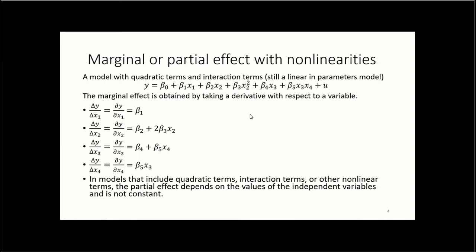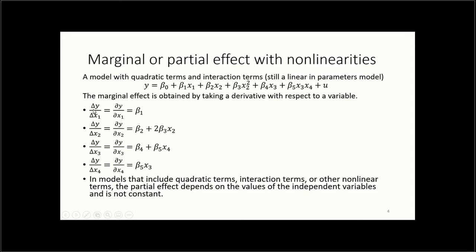Now let's look at the more complex case. Here we would look at the model that has quadratic terms and interaction terms. But that is still a linear in parameters model because all of the parameters that enter here are still linear, only the variables have quadratic terms or they have interactions. So now the marginal effect is obtained by taking a derivative with respect to that variable.